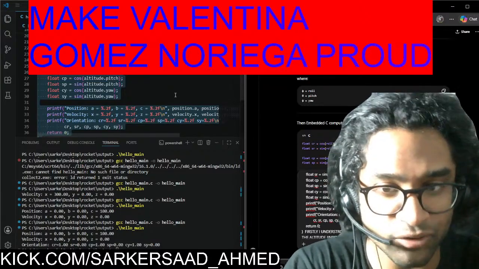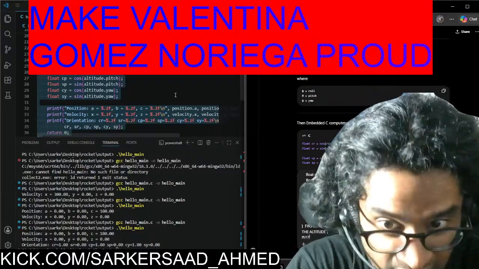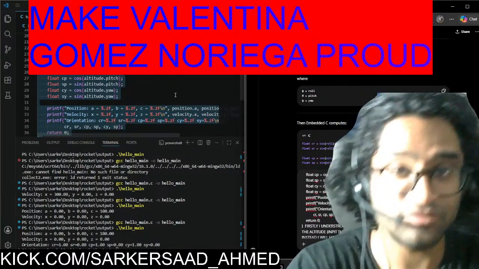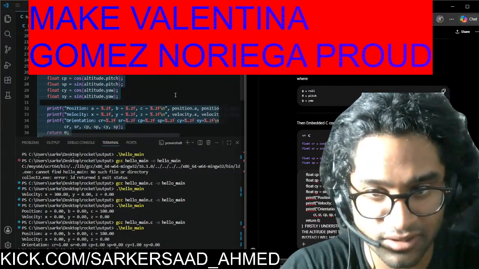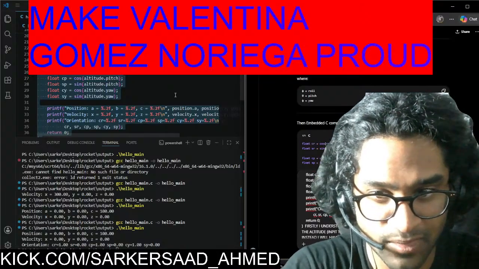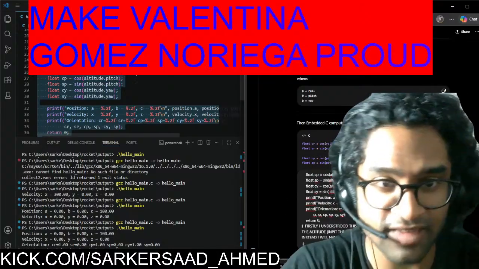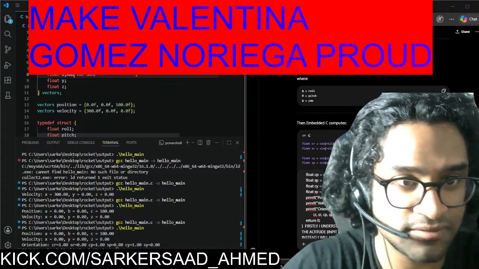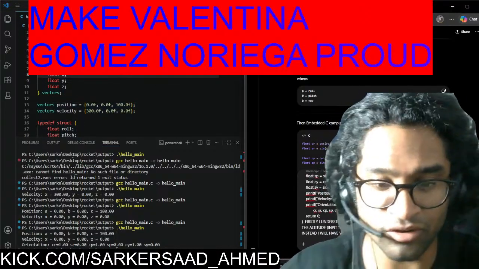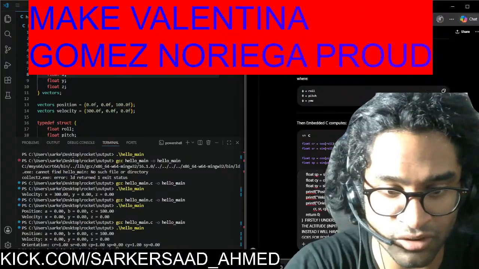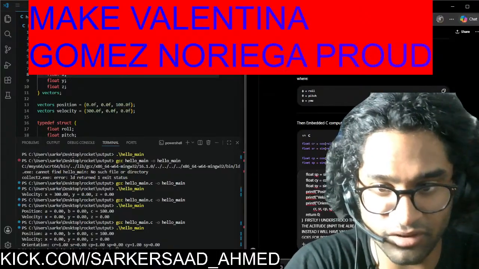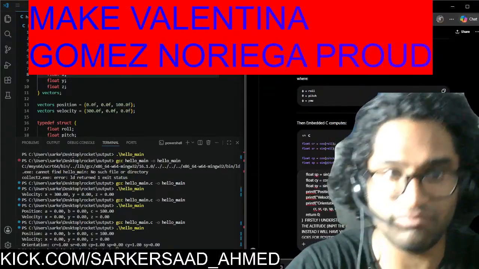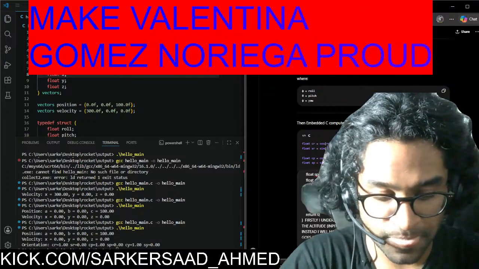I won't have those values. Instead, I will have values that the sensor will measure, and the same goes for position and velocity. How do I, how do I?